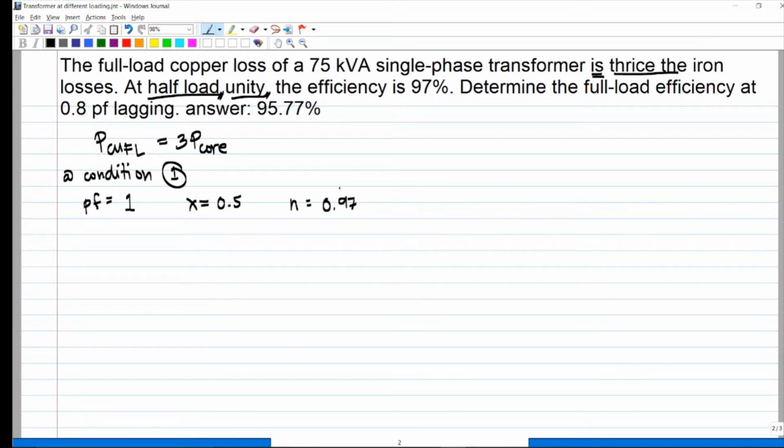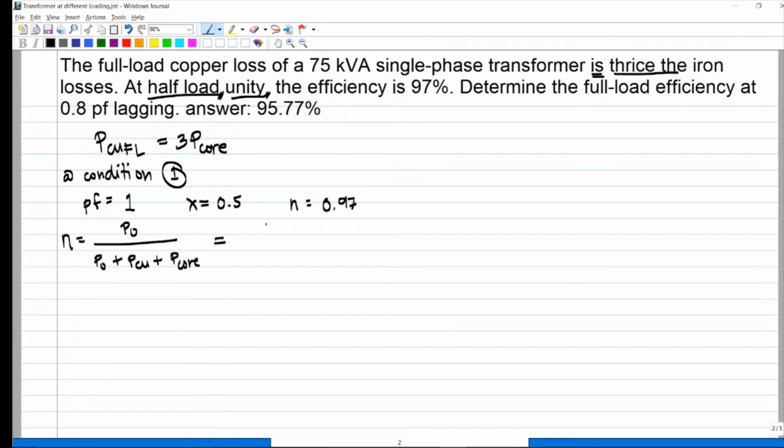0.97. So paano natin sila magagamit sa solution ng efficiency natin na N is equal to the output power over PO plus PCU plus P core. So, kung babalikan natin kanina, yung kung paano natin hinimay-himay yung mga formula ng PO, PCU at P core, ganito ang magiging itsura niyan.